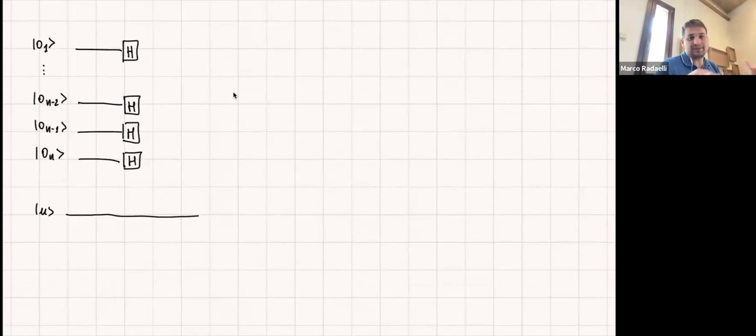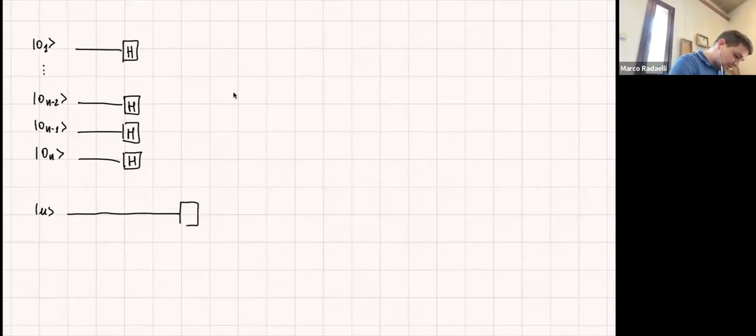The eigenvector potentially could be a very large eigenvector; we could have a very high dimensional unitary. For the sake of simplicity, we'll assume it to be just one qubit, but this is not a constraint, it's without loss of generality.